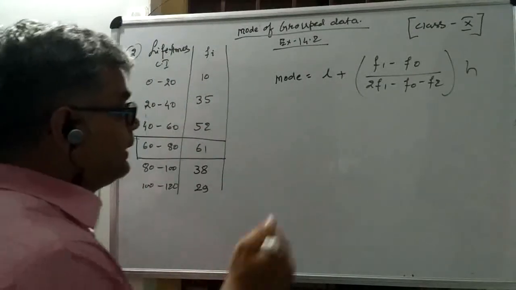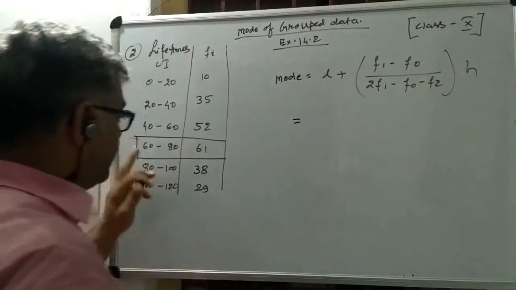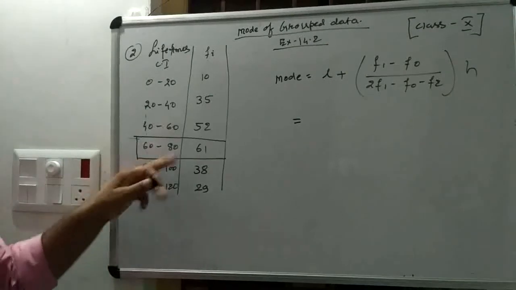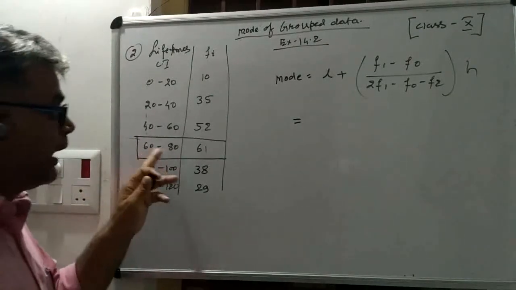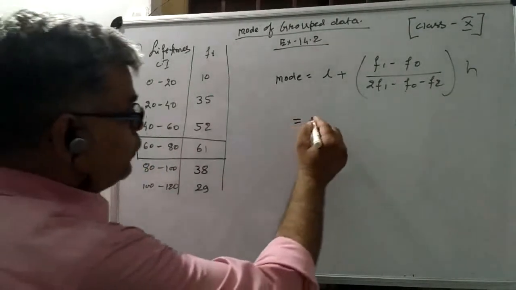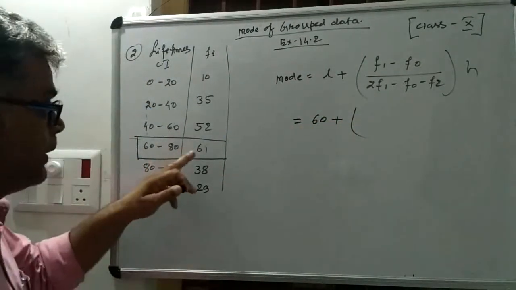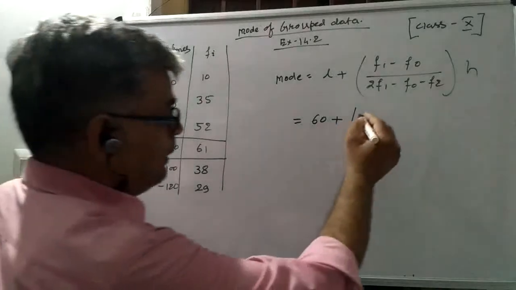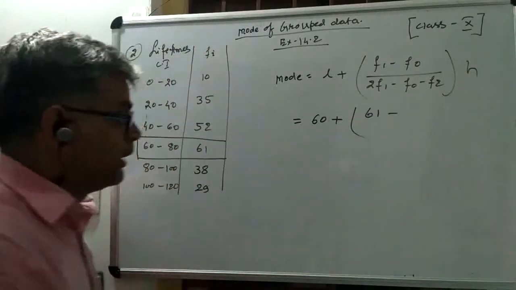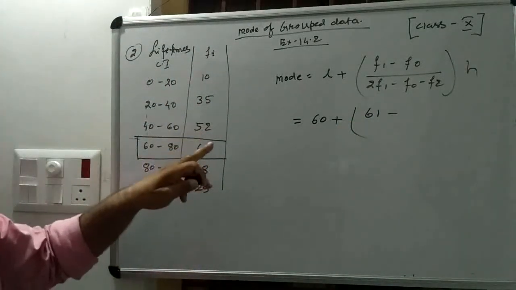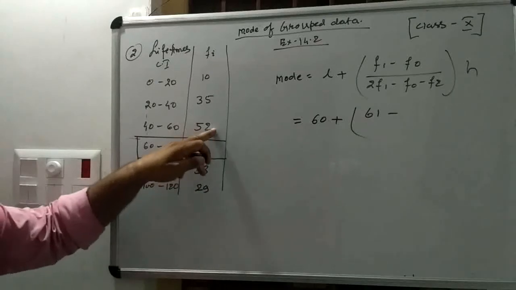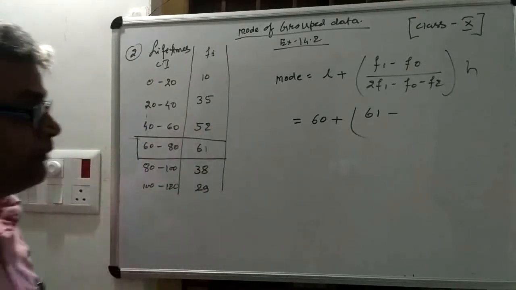Now putting in all these values: since our modal class is 60 to 80, the lower class limit is 60, so put 60 here. Plus f1, the frequency of the modal class, is 61. f0, the frequency of the class preceding the modal class, is 52.